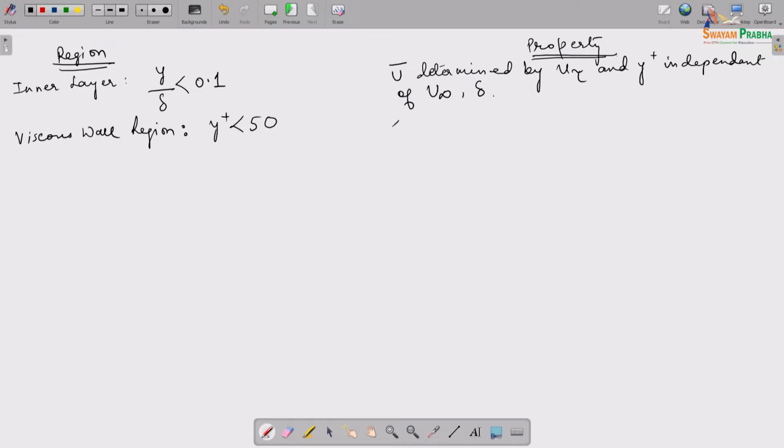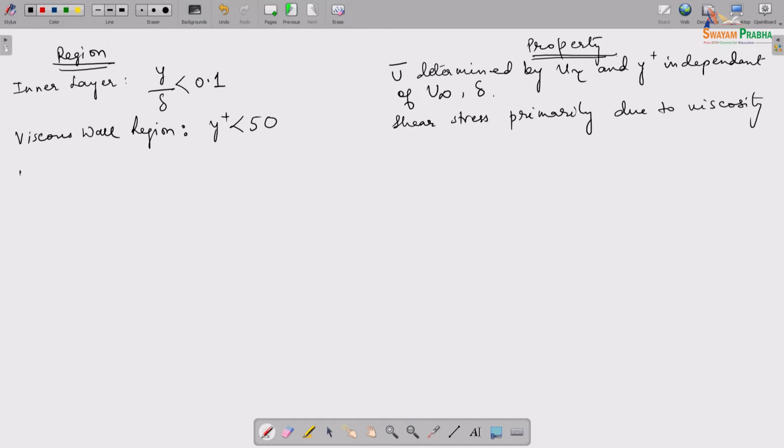Now shear stress is primarily due to viscosity. In here, as you can see, shear stress is primarily viscosity dominated, that's what we're saying, the viscous wall region.